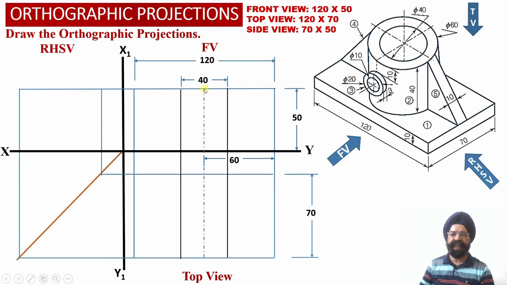So now from the center point, we are going to take offset of 30 millimeter toward the left side and 30 millimeter towards the right hand side, so that two vertical black projector lines representing the outer boundary of this vertical hollow cylinder, they have been obtained into the front view projections, and these two black vertical projector lines, we have appropriately extended them into the top view projections as well.